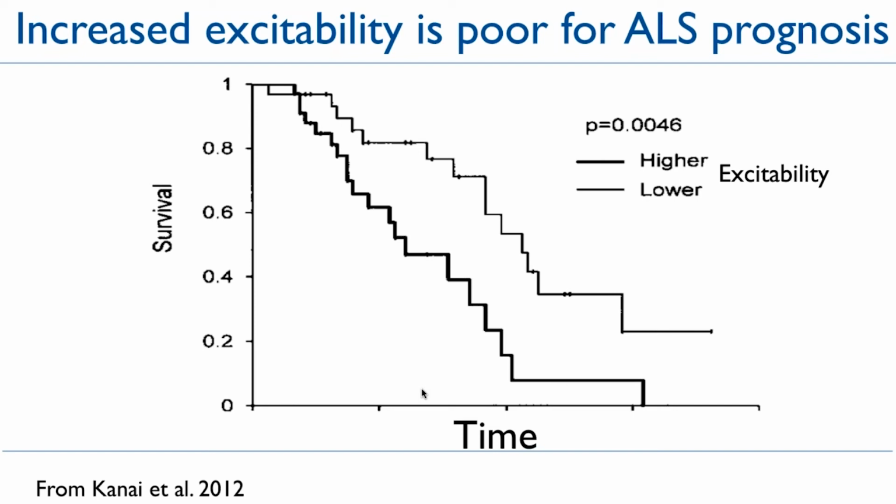So here you're looking at the lower motor nerve readout, but the studies carried out in Australia on the cortex show a similar pattern, in which if you stratify patients based on the presence of this hyperexcitable phenotype, those patients that show a higher level of excitability have a much poorer prognosis than those who have more normal electrophysiological profiles.